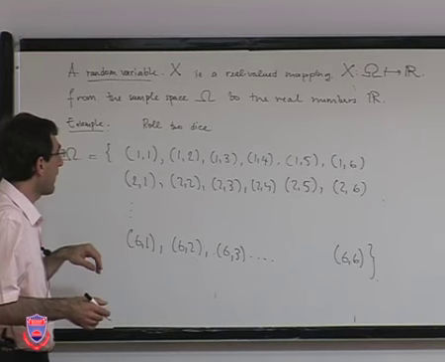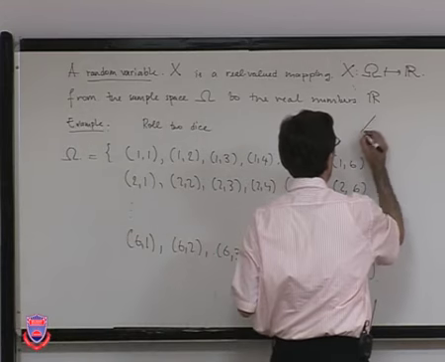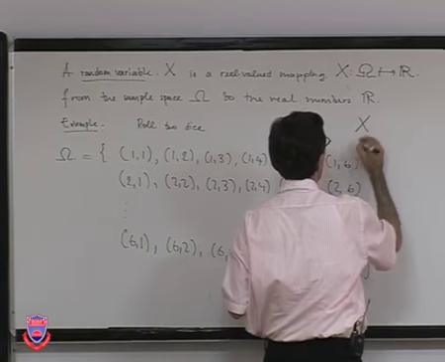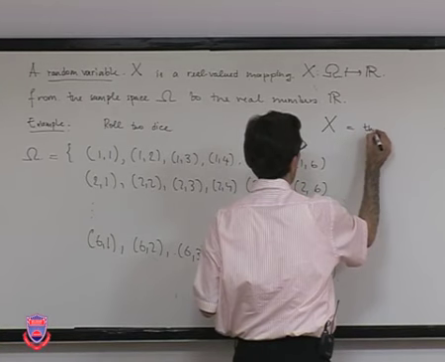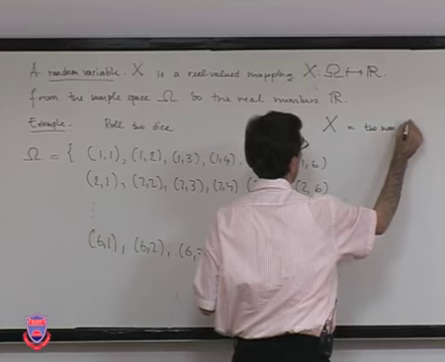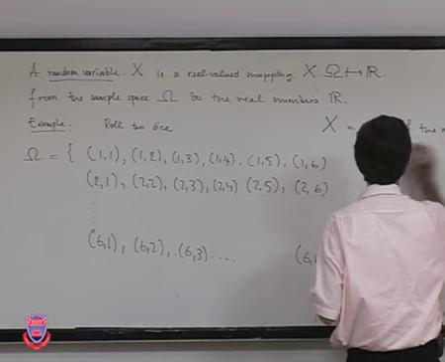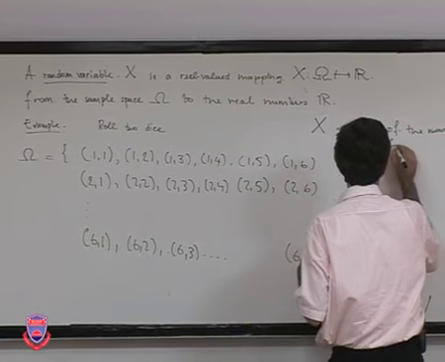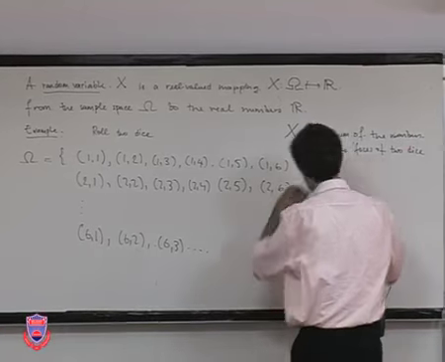And some of them are going to be interesting, some others are not. For example, we can define X as the sum, let's say, of the numbers on the faces of those two dice, right?